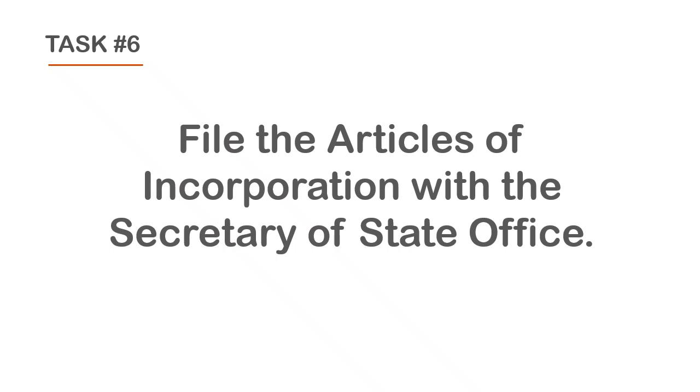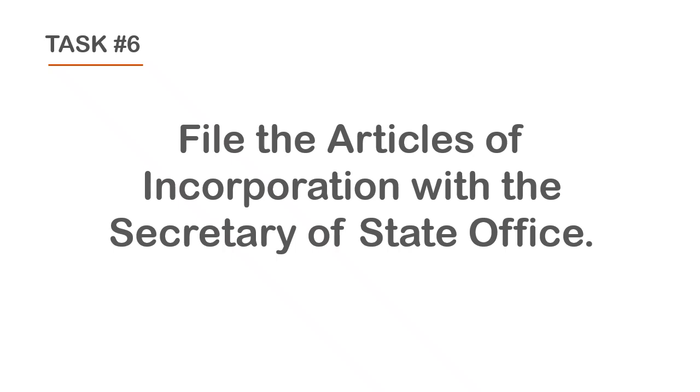So, in task number 6, go to the Secretary of State's office where you plan to operate your nonprofit. Locate the application you need to complete to file the articles of incorporation. Complete that application and submit it with the processing fee. There will be a fee for them to process your application to file the articles of incorporation.